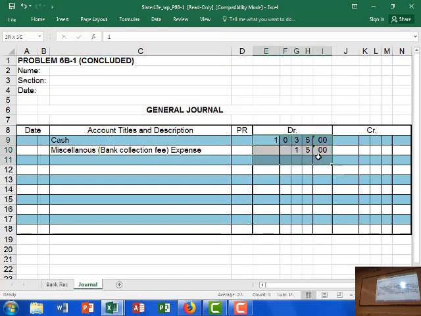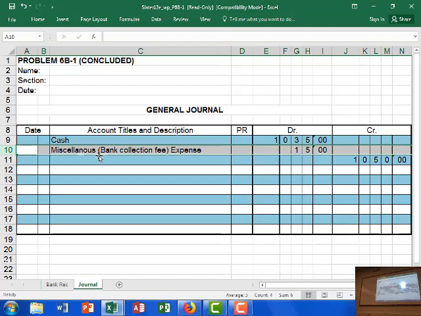So now if we look at these two numbers that we have right here, these two numbers show a total amount of $1,050 that we initially collected in the bank. However, the bank always needs their money, so that's why we have this debit of miscellaneous expense, because they need their cut.